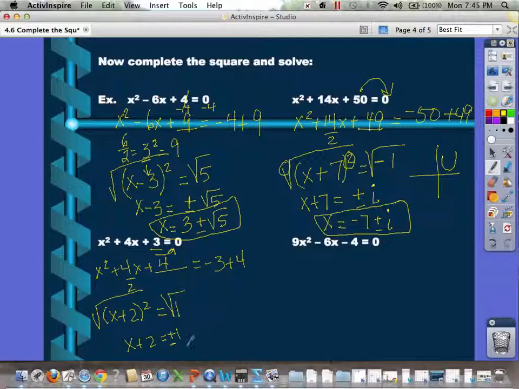That's going to be x is equal to negative 2 plus or minus 1. Well, that can't be left like that because you can break that apart. You have x is negative 2 plus 1, which is negative 1, and x is negative 2 minus 1, which is negative 3. So these are your answers.